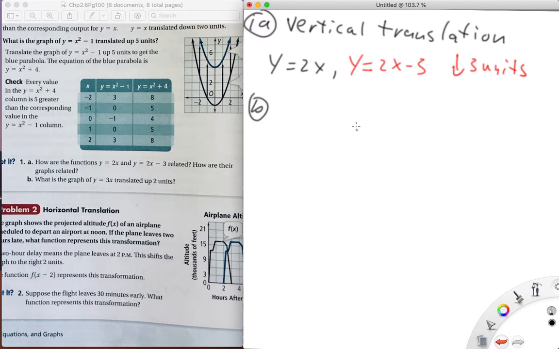Part b asked me to graph y equals 3x. I'll try my best to do all this graphing in this limited simulation. So it's going to look like that.